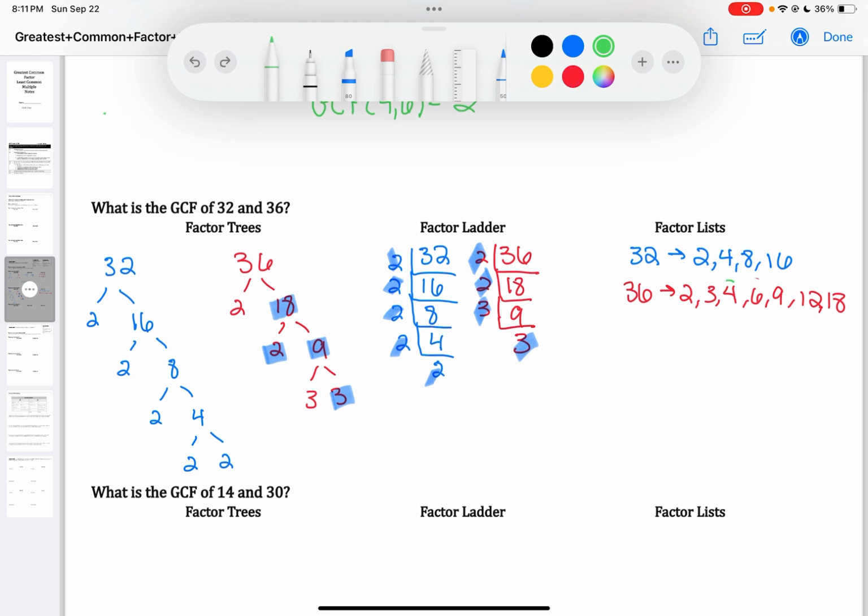But 4 goes into 36 and goes into 32. So I can say that the GCF of 32 and 36 is 4.